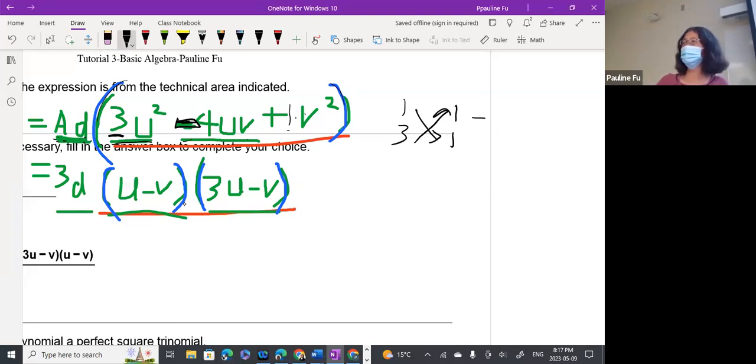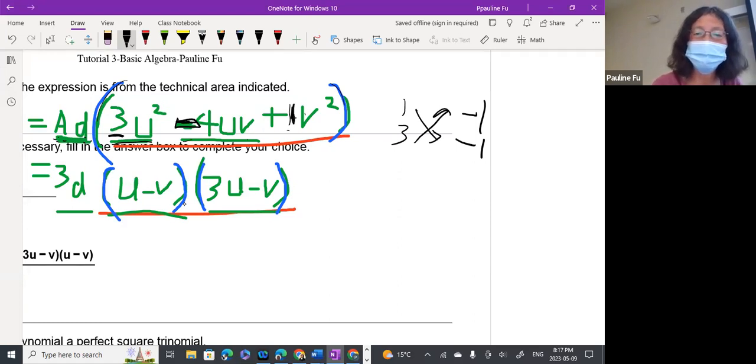Anyone have a suggestion? How do I change this arrangement? It'd be -1, sorry, -1 minus. Thank you. Could be -1 minus 1. -1 times -1 equals +1.